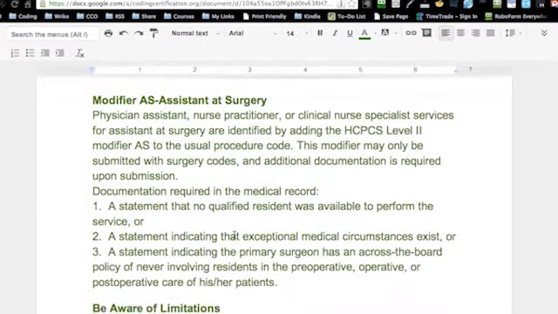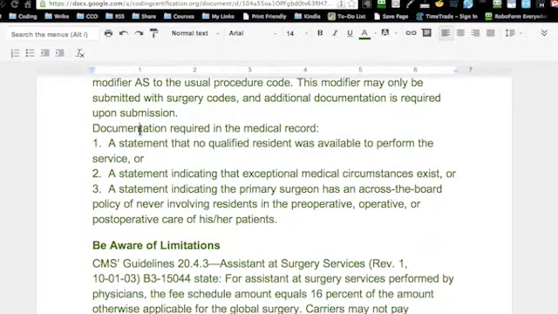Now modifier AS, assistant at surgery, these are for your PAs, your physician assistants, your NPs, nurse practitioners, or clinical nurse specialists. They can also be assistants at surgery, and they're identified by putting an AS after their surgery code. Okay? This modifier may only be submitted with surgery codes, and additional documentation is required.